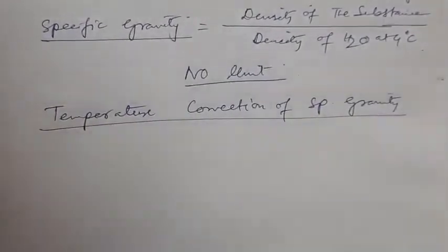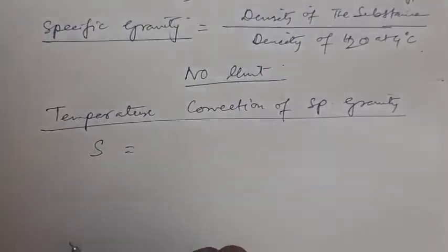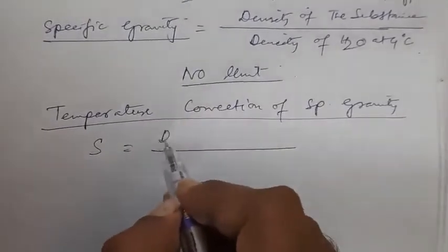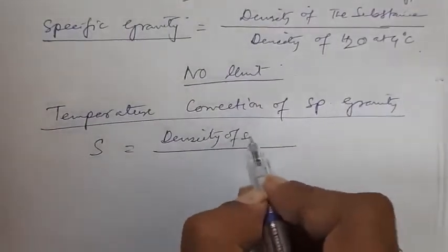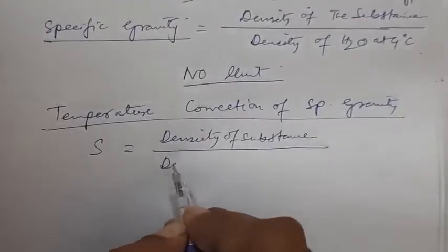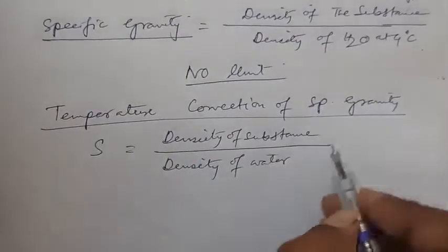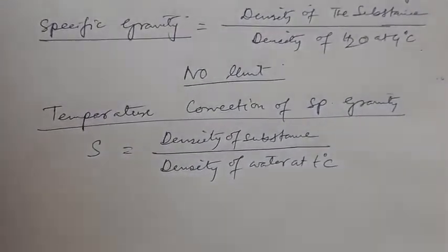Now how to do this temperature correction? We denote specific gravity by S. We know the density of substance by density of water at suppose T degree centigrade, because the room temperature in the laboratory can be around 22, 25, 28.